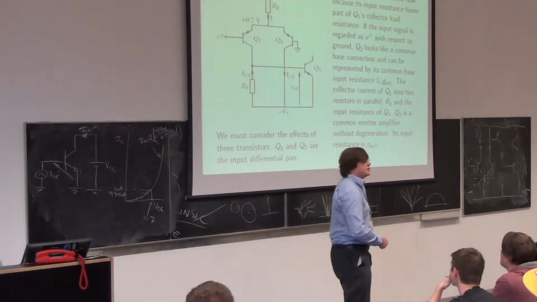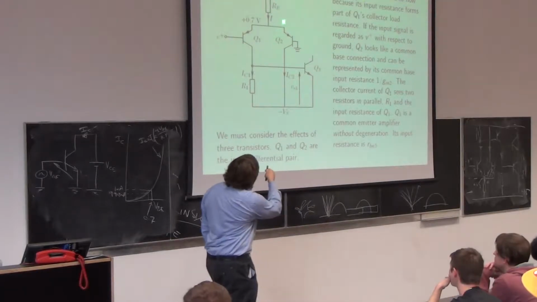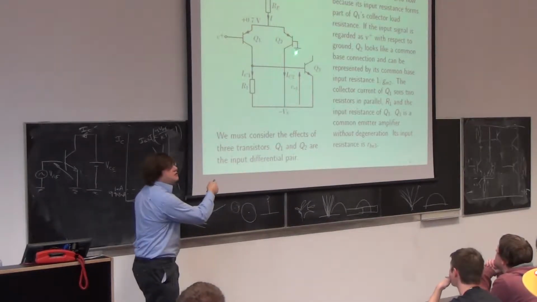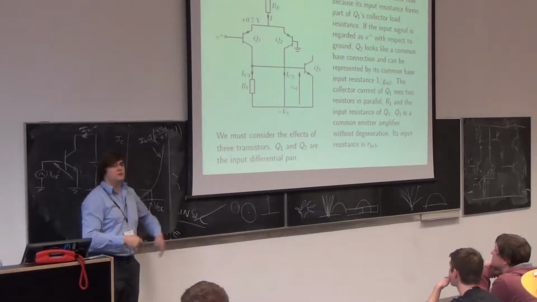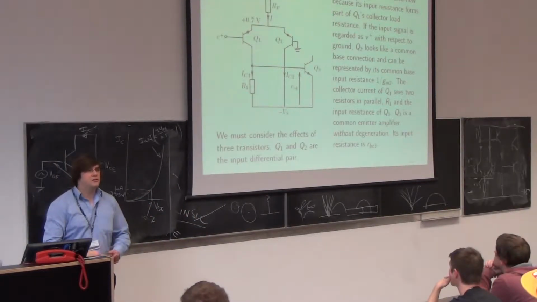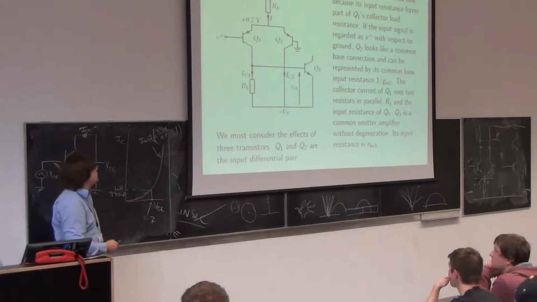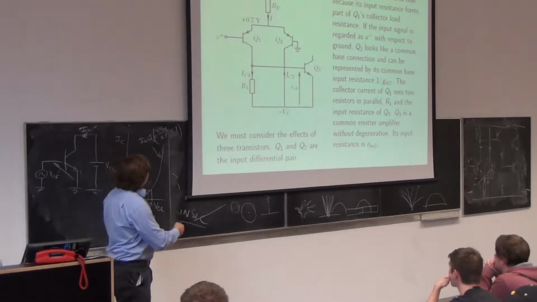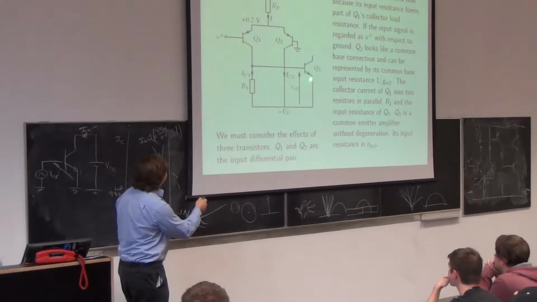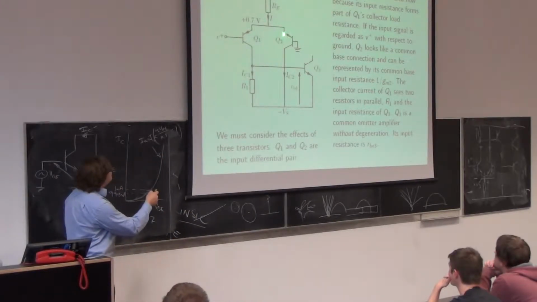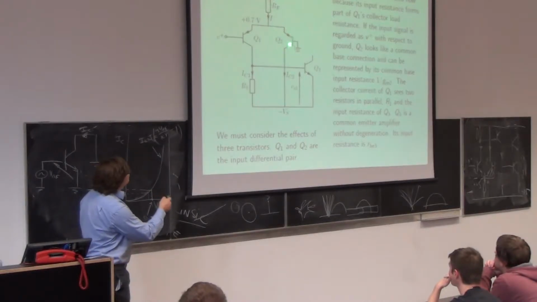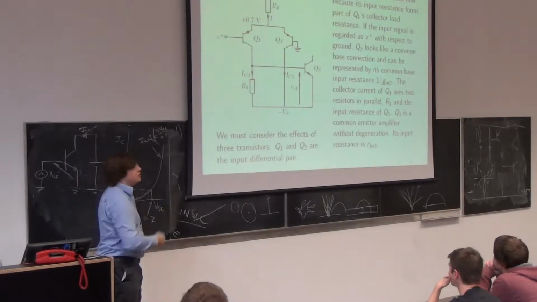So the signal sees the emitter of Q2, and its base is grounded, so it's common base, which is why I spent a couple of lectures going through all the different transistor circuits, because we have to talk about them now. So not only do we have to worry about the input resistance of Q3 and its effect on R1, we have to worry about the resistance looking into the emitter of Q2 and its effect on the signal on the emitter.